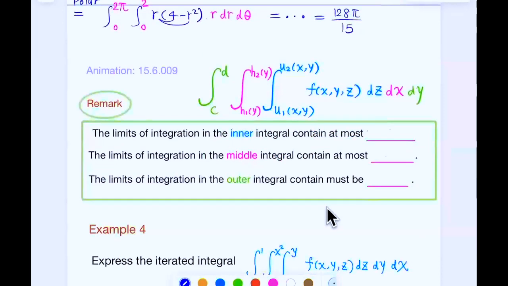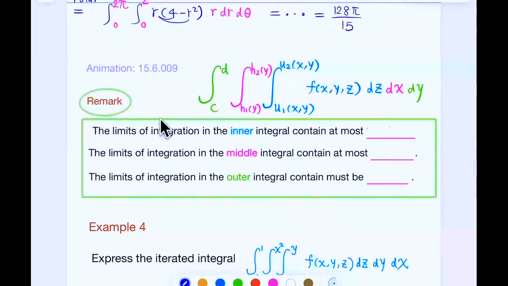So the remark over here is about the limits of integration in the innermost integral, like that one. Look at the upper and lower limits. They contain at most how many variables? Two variables. Yes, you got it. And then what about the middle?